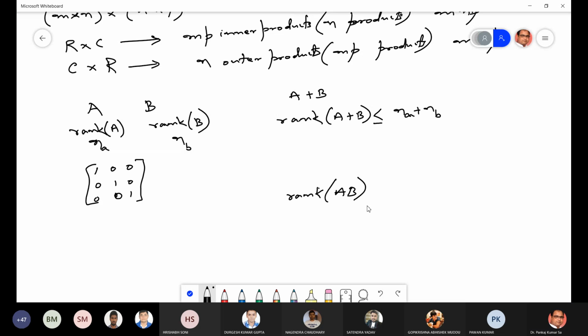So the rank of AB will always be less than or equal to the rank of A, and in the same way it will also be less than or equal to the rank of B. In either way you talk, both are correct.